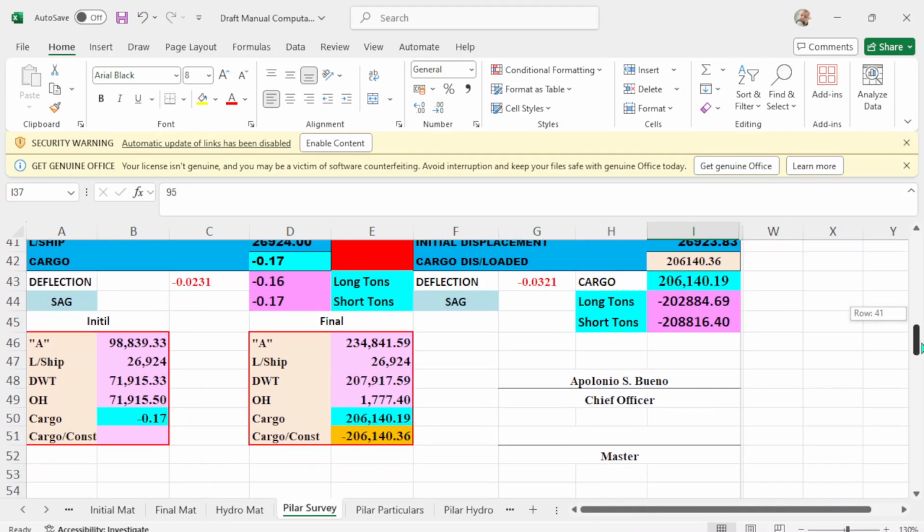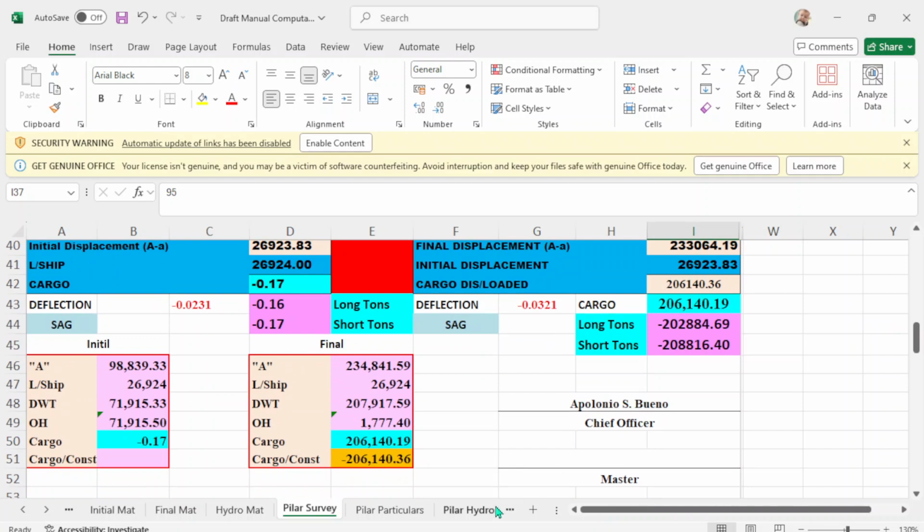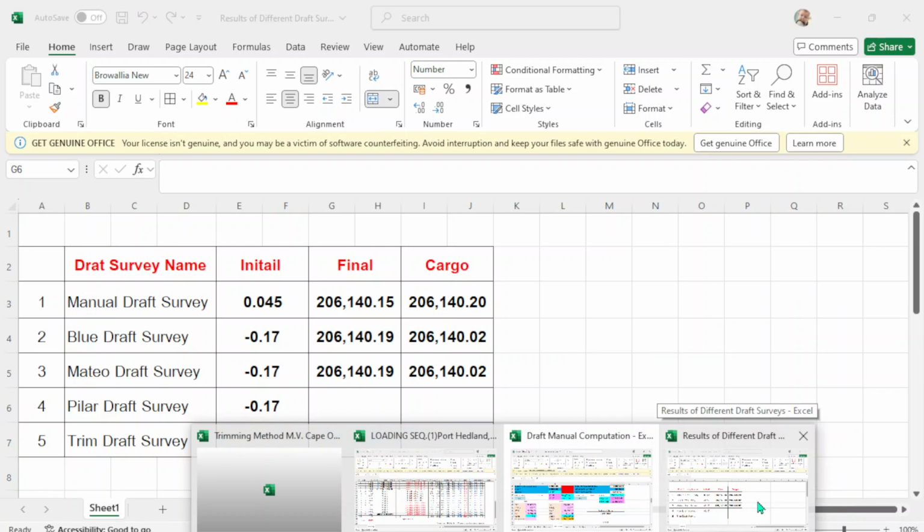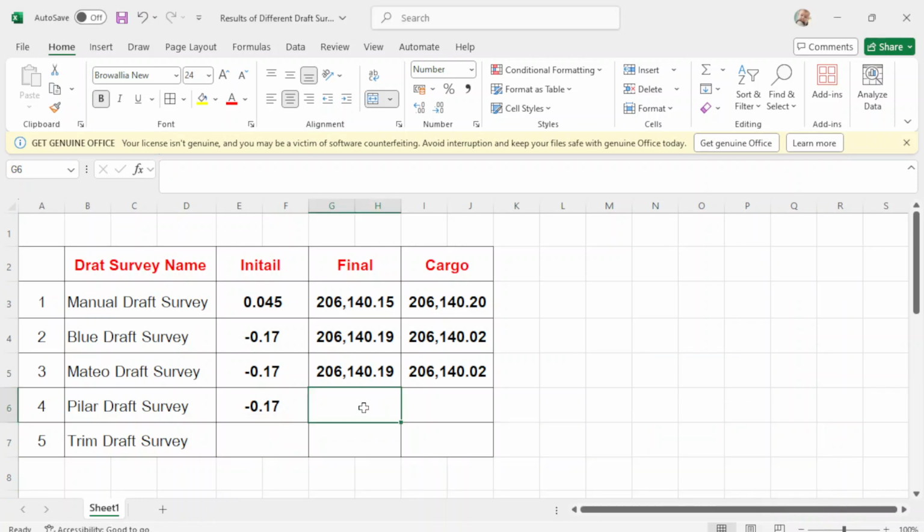And your cargo is 206,140.19. Okay, put here 206,140.19.